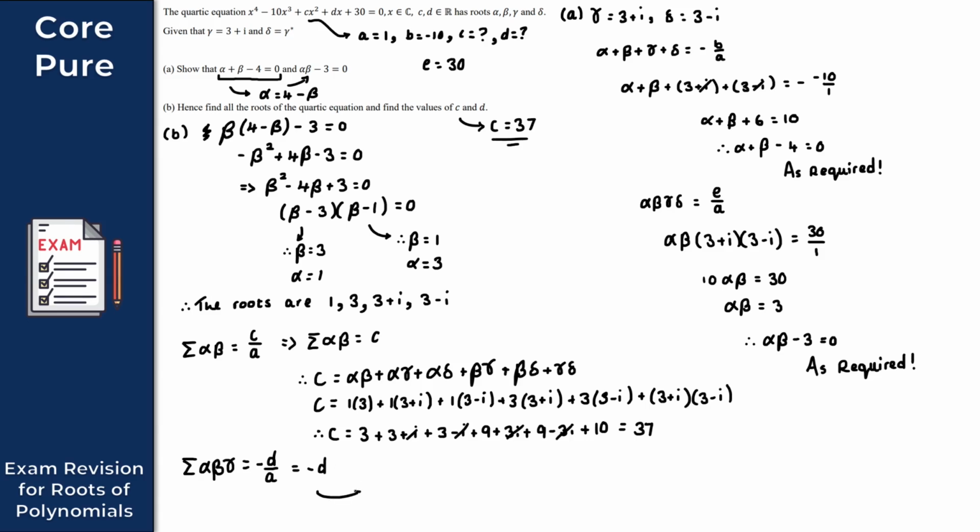So in that case then, what I've got here is minus D is equal to, so I get alpha, beta, gamma. I also get alpha, beta, delta. I also get alpha, gamma, delta.